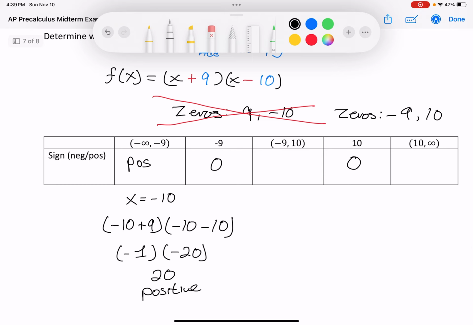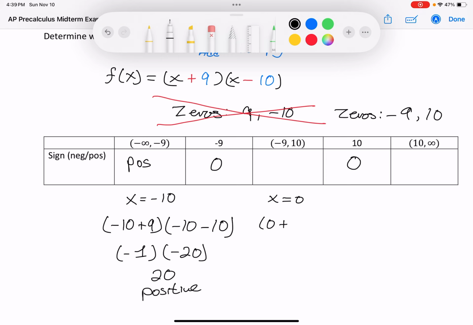Choose a value between negative 9 and positive 10. I'm going to choose x equals 0. Don't confuse the x equals 0 with the zeros of the polynomial. These zeros are the outputs of the function. This x equals 0 is the input.